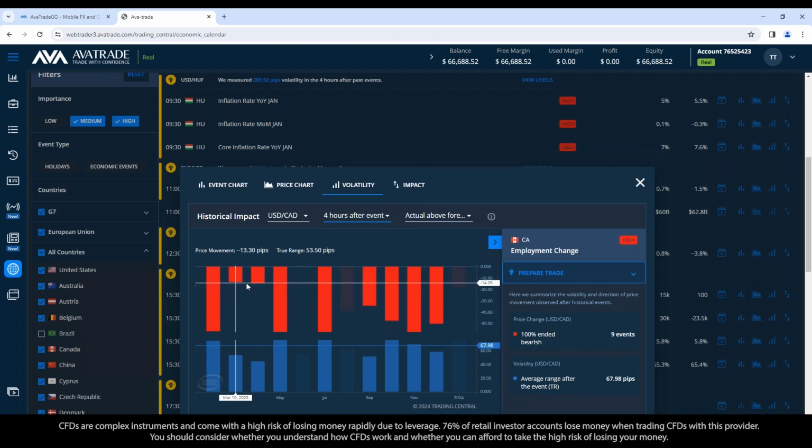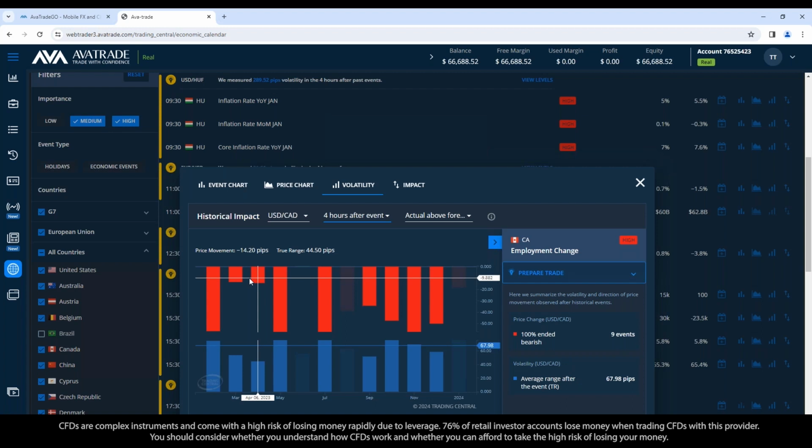But you see some of these finished only 14 pips down. See this, 14 pips, 14 pips. This one, 34 pips. And remember, in the first 5 minutes, it was already almost 40 pips. So even though they all finished down, some of these pulled back from 30 or 40 pips to only being 14 pips after 4 hours.